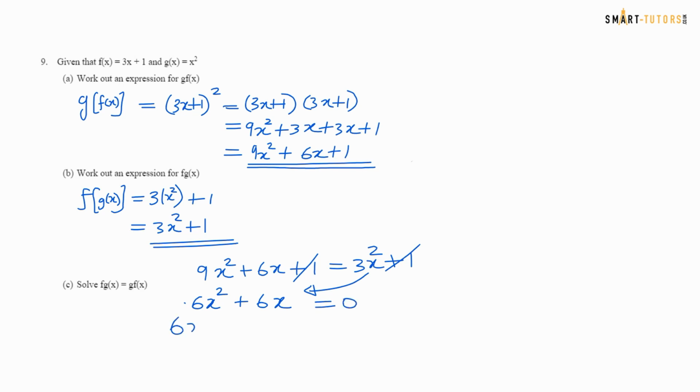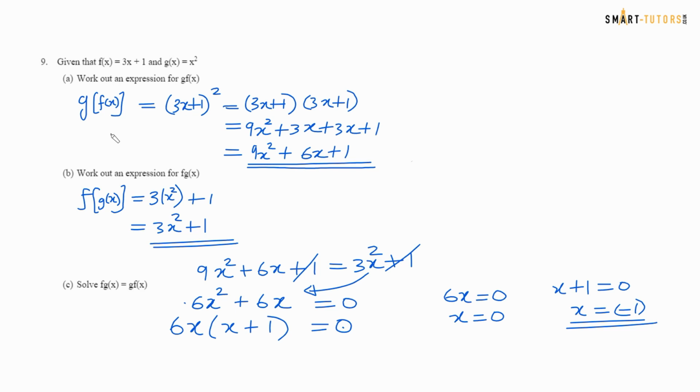So we can factorize the 6x, and (x plus 1) equals 0, and 6x equals 0. So x equals 0, and x plus 1 equals 0, which is x equals minus 1. So these are the two answers for the solution of fg(x) equals gf(x).